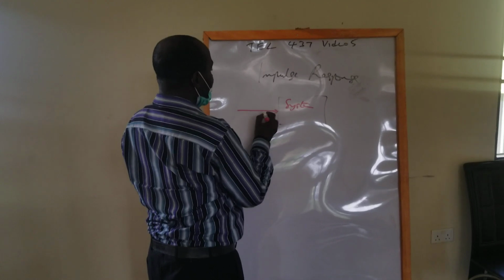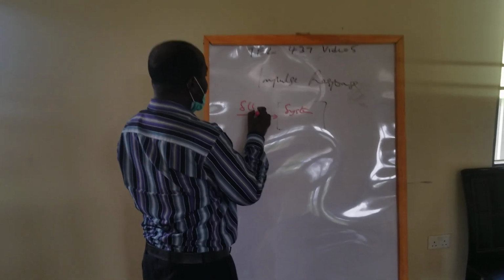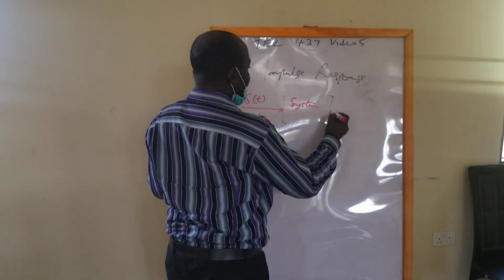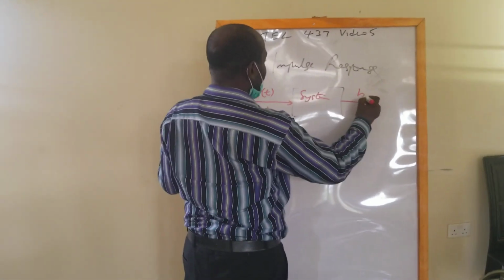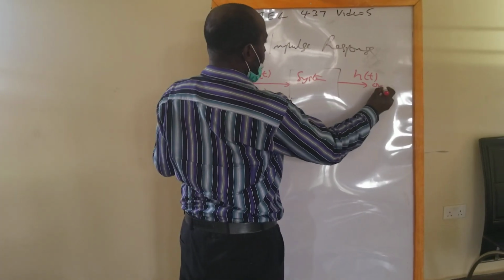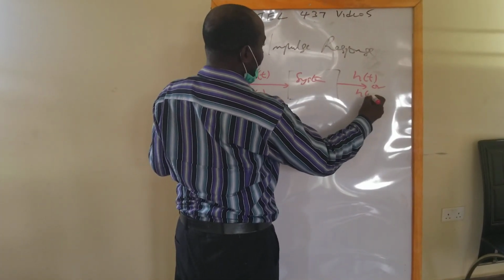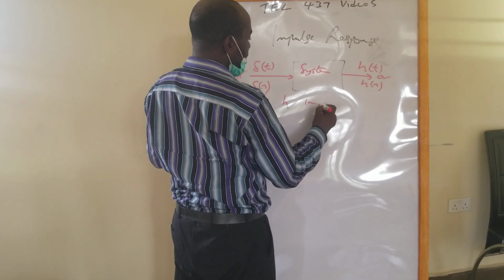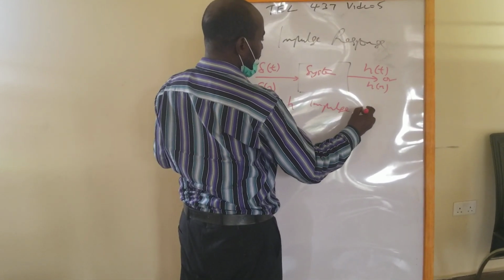If we send in delta t or delta n, the output is going to be h(t) or h(n). h is known as impulse response.